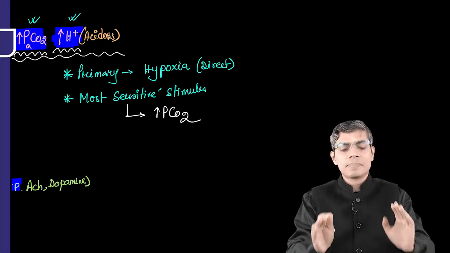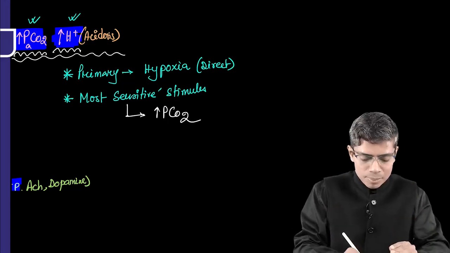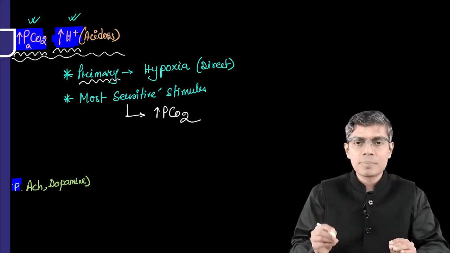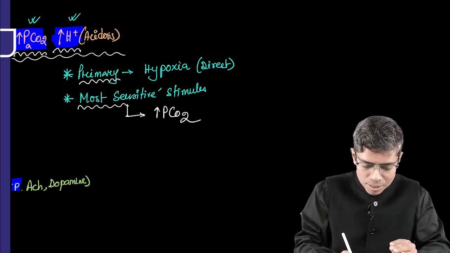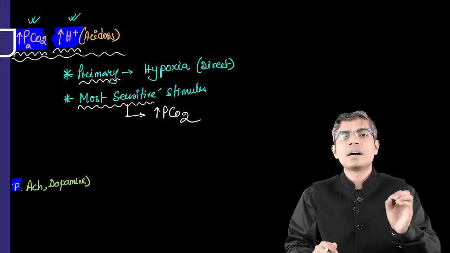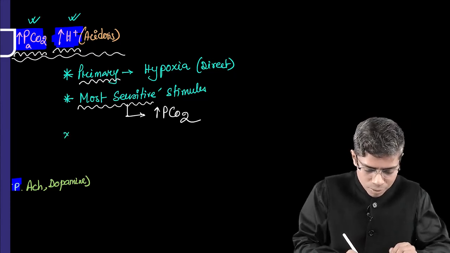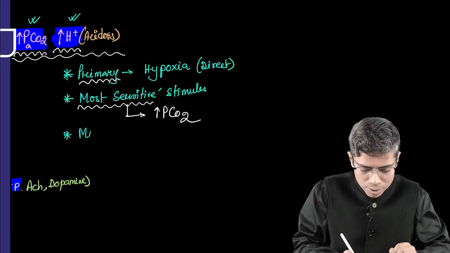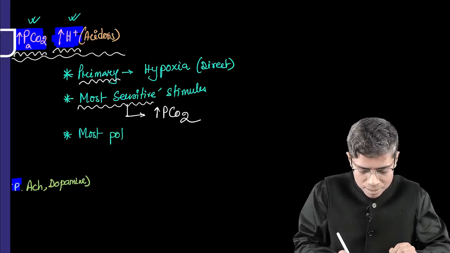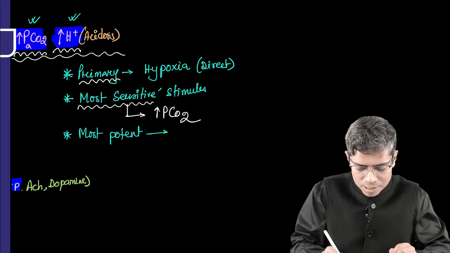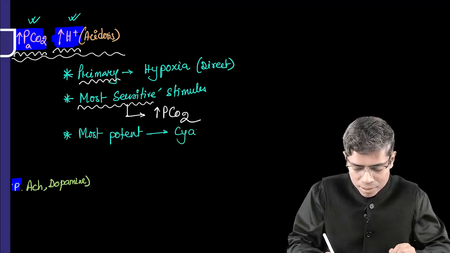So please remember, the primary direct stimulus for peripheral chemoreceptor is hypoxia. The most sensitive stimulus for peripheral chemoreceptor is hypercapnia. But sometimes this kind of question is also given, the most potent stimulus for peripheral chemoreceptor, and your answer will be cyanide poisoning, right?